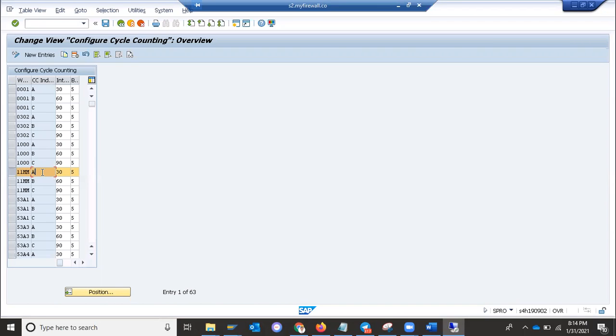So as per the specific ABC rule, we have 70, 20 and 10 based on the values: 70% A, 20% B, 10% C based on the values for the total products, right?